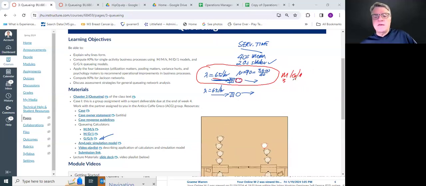In our available calculators, the only one that's going to work is to do it as a G/G/1, and we can set it up that way. So that's our initial setup.